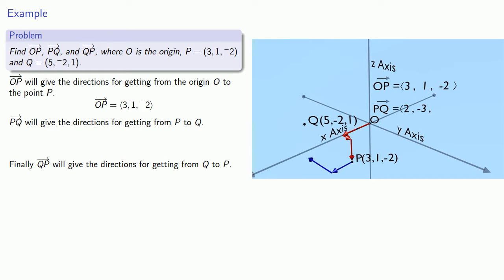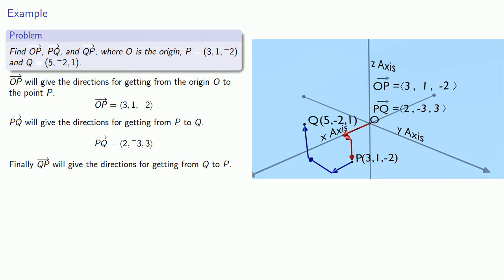And finally, looking at our z-coordinates, P has z-coordinate -2, Q has z-coordinate 1, which means we'll have to go positive 3 units parallel to the z-axis. And so our directions for getting from P to Q are going to be to go 2 units parallel to the x-axis, -3 units parallel to the y-axis, and 3 units parallel to the z-axis, which corresponds to the vector (2, -3, 3).